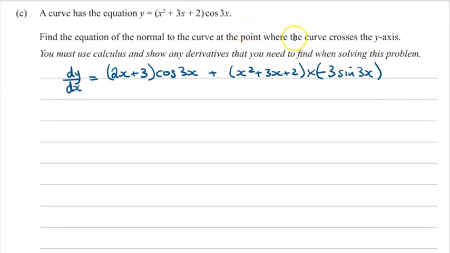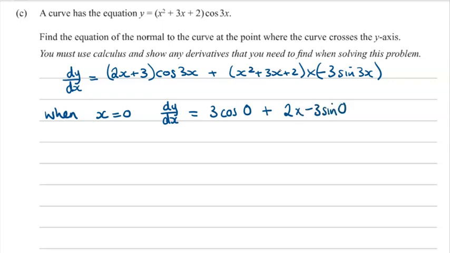So let's pop that in like that. Okay, now back to the question. We're doing this where the curve crosses the y-axis. So when it crosses the y-axis, the x-coordinate will be equal to 0. So when x equals 0, dy by dx will be equal to 3 cos 0 plus, if we pop a 0 into this bit, we will have 2 times minus 3 sine of 0.